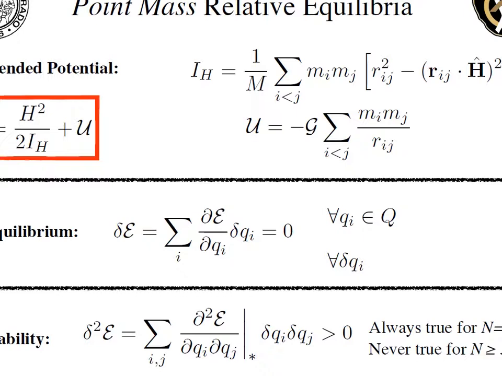While the stability of the relative equilibria is always true for n equals 2, when in fact this is just the circular orbits, it turns out to be never true for n greater than or equal to 3. All homographic solutions are always at a saddle point, if you will, of this amended potential surface.